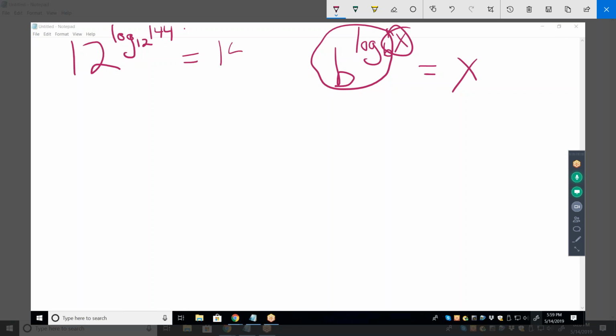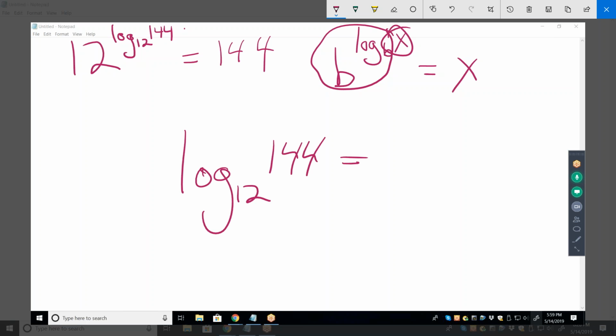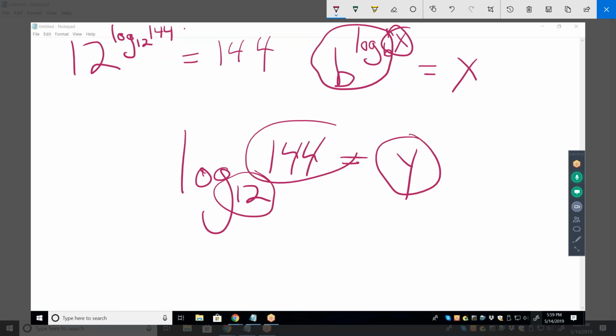And I could do it a couple of different ways. First of all, let's figure out what the log is. What's y equal to? 12 to what power is equal to 144? 2.